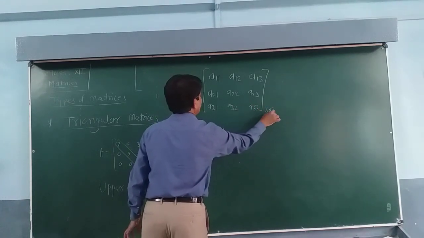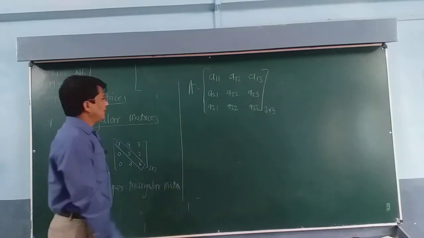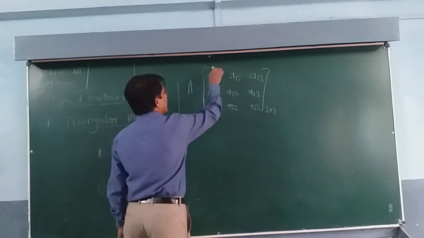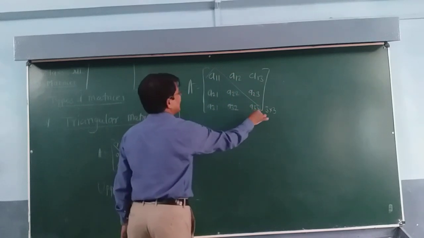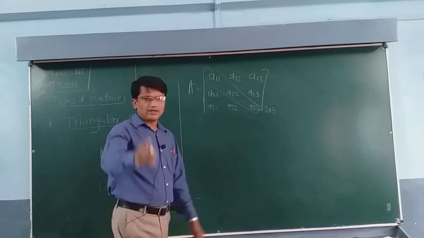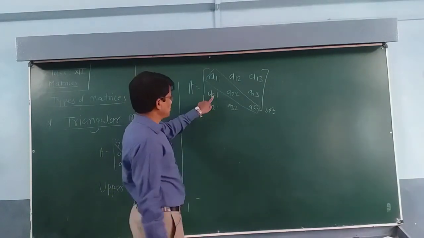Order 3 by 3. For a triangular matrix, what is the condition? These are diagonal elements, and the non-diagonal elements are at this position.